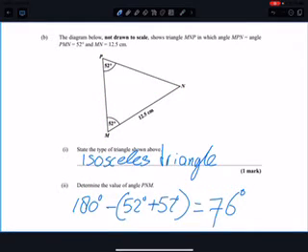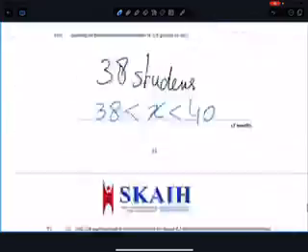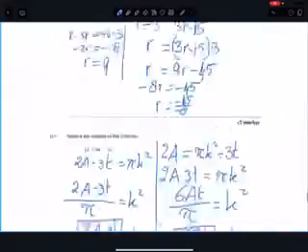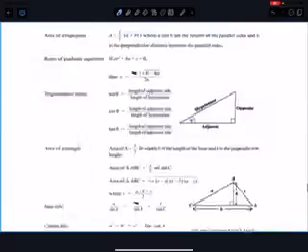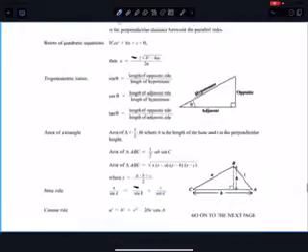Now, on your test, this has not been shown to you ever. So every time there is an area of a triangle, you will get something added for you on the page of all the equations. Here, area of triangles.